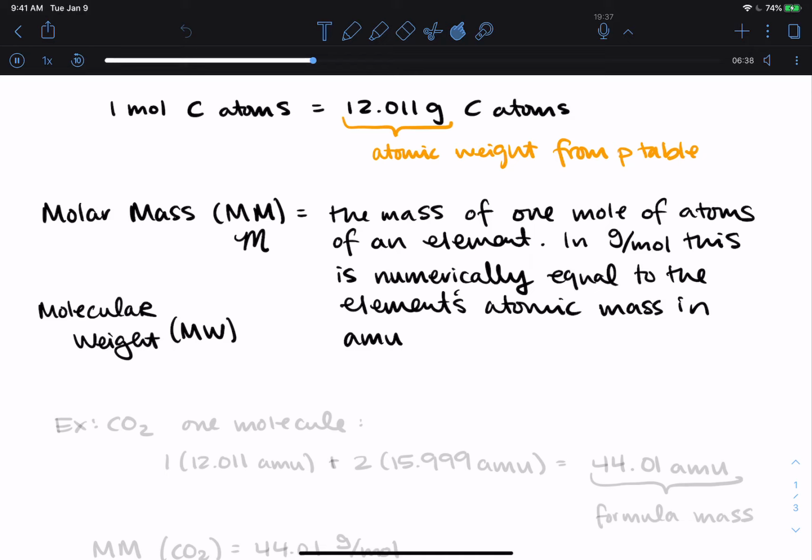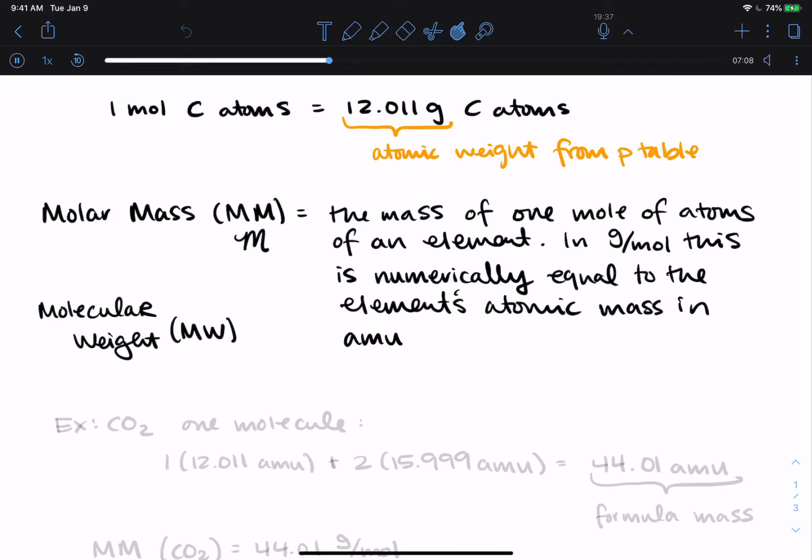The thing is, as long as we're on Earth, it doesn't matter because mass and weight are different technically, because weight depends on the gravitational pull of where you are. And since we're doing all of our chemistry on Earth, at least for the moment, as far as I know, we can use these for the same concept. So I will use molar mass. You may see molecular weight written places, but it means the same thing for our purposes.